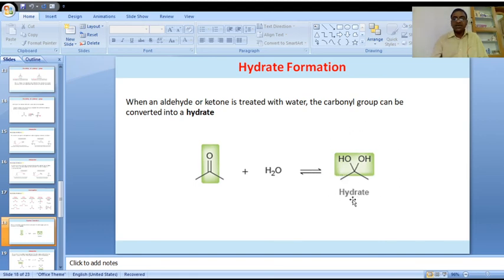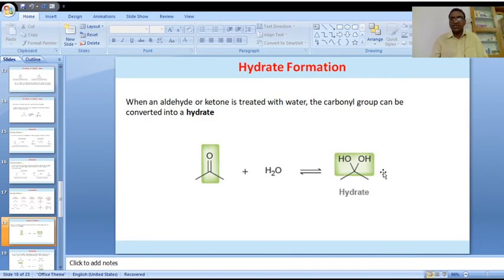In this hydrate compound, please observe, on the same carbonyl carbon atom, it contains two hydroxy groups. It is an unstable compound, with two hydroxy groups attached on the same carbon.